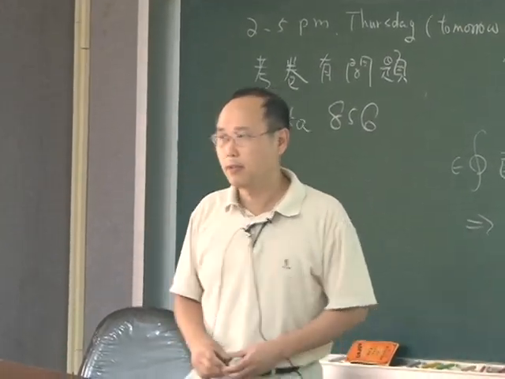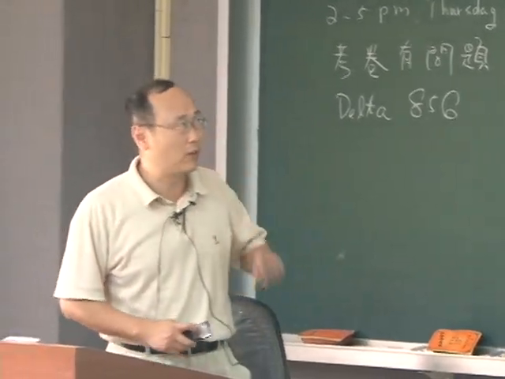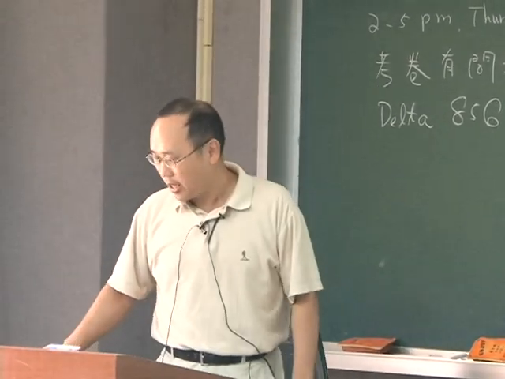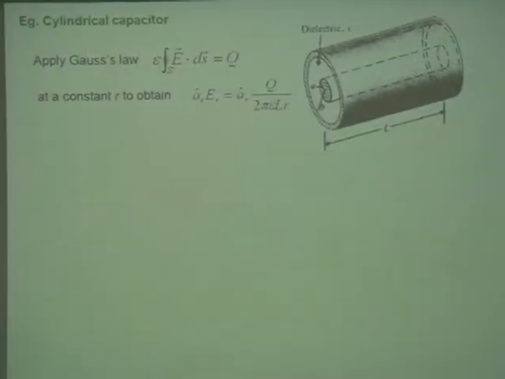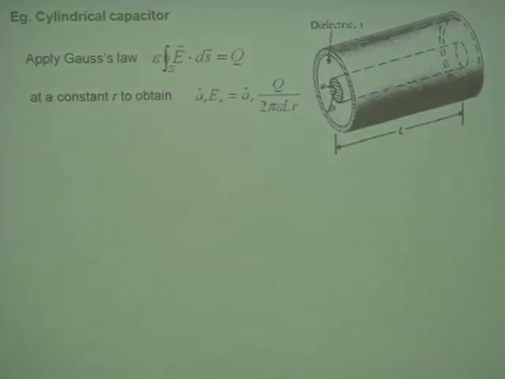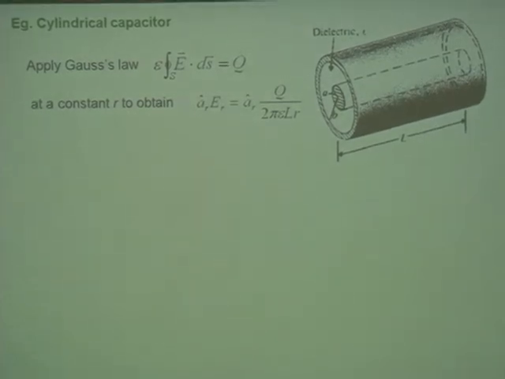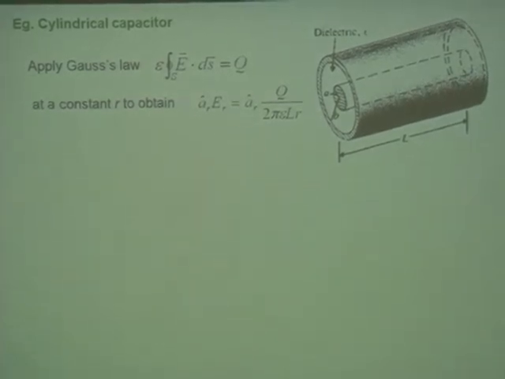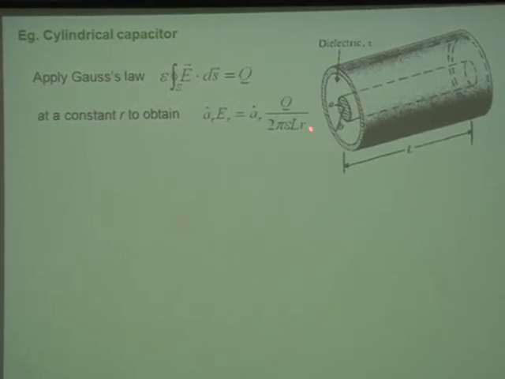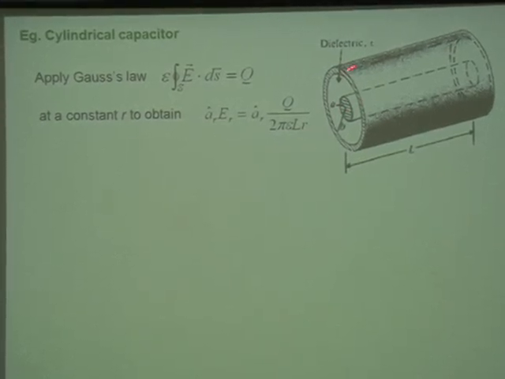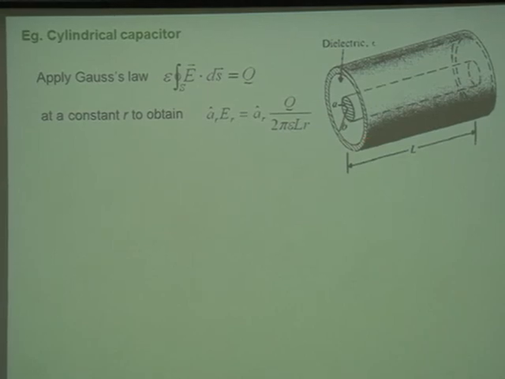So this is the simplest form of a capacitor. And you can have a little bit more complicated form, a cylindrically symmetric capacitor. This capacitor has two electrodes, one at the center and one outside, having a cylindrical shape.